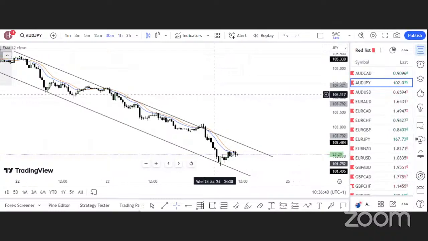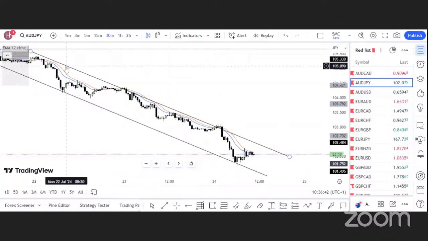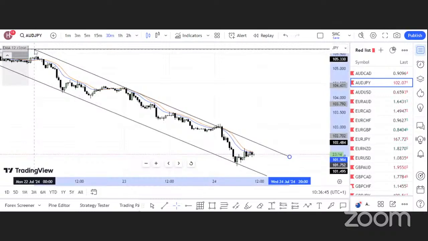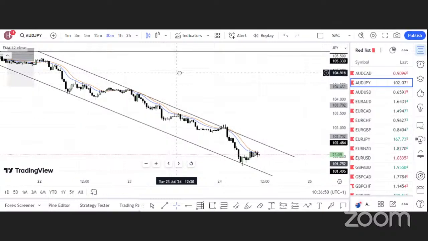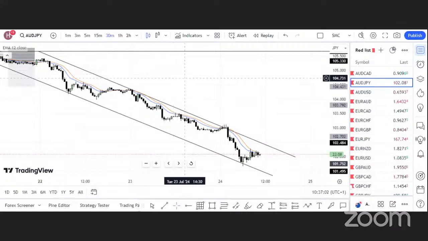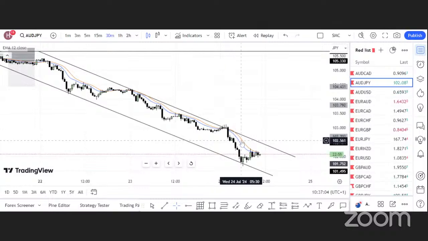So what do we have here? Since we're going to be scalping on the lower time frame, for this movement, I think this market is about to complete its movement.